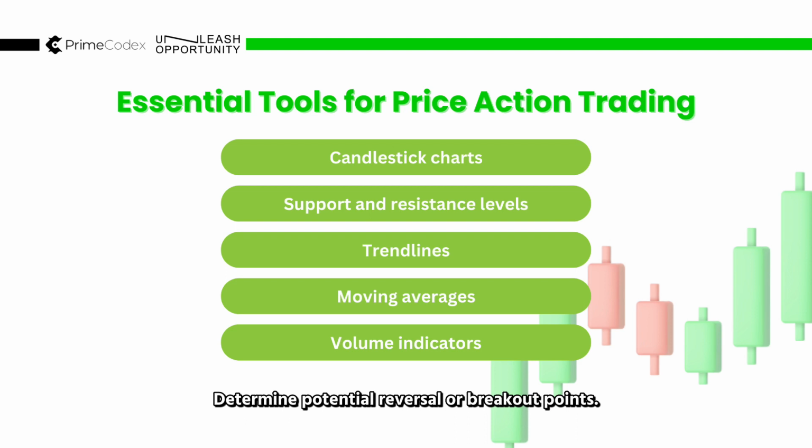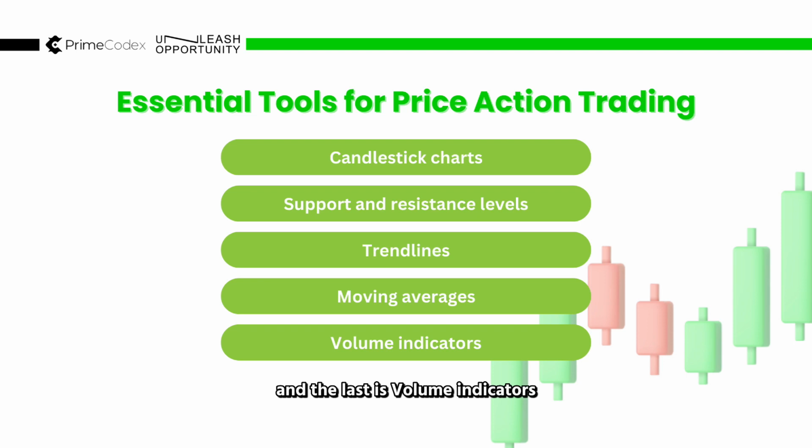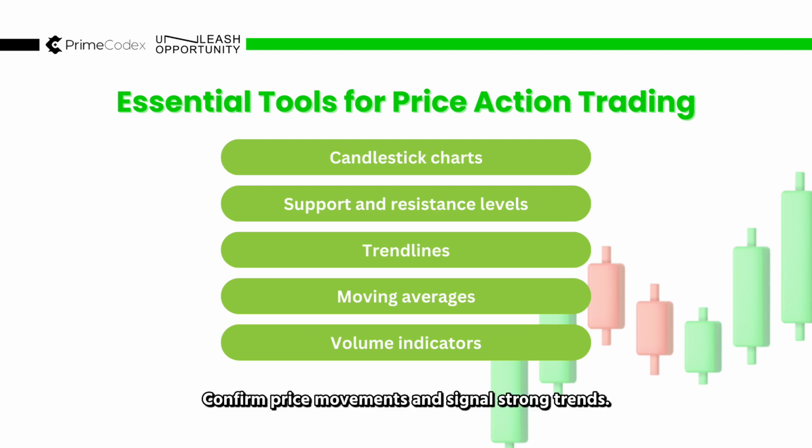Determine potential reversal or breakout points. The next is trend lines. Highlight trend direction and potential breakout opportunities. Moving averages smooth price data, aiding in trend identification. And the last is volume indicators. Confirm price movements and signal strong trends.